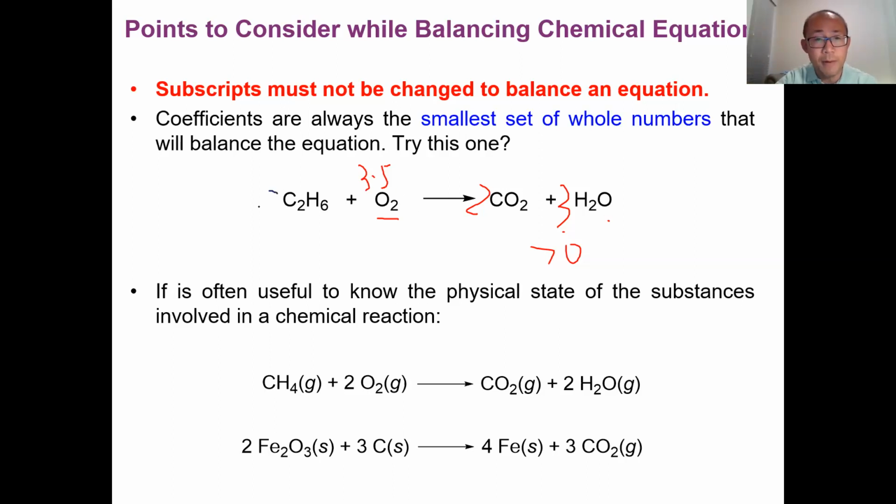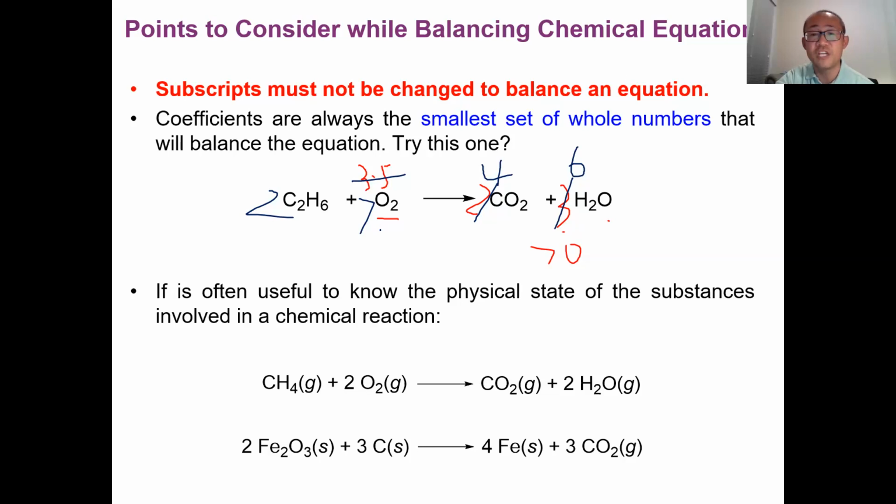Multiply the 1 by 2, this one becomes 2. Multiply 3.5 by 2, this one becomes 7. Multiply 2 by 2, this one becomes 4. Multiply 3 by 2, this one becomes 6. So 2, 7, 4, 6 are the balanced coefficients. Now you see that the left side has 4 carbon, the right side has 4 carbon. Left side has 12 hydrogen, right side has 12 hydrogen.